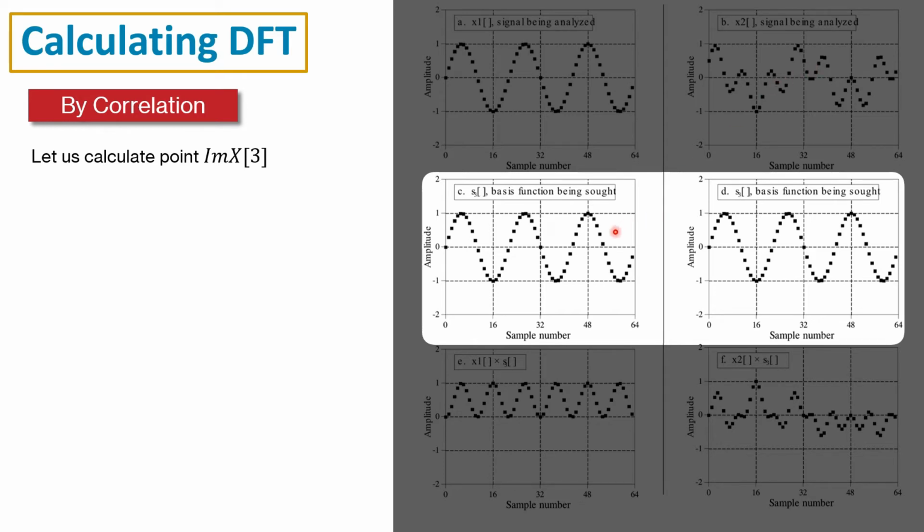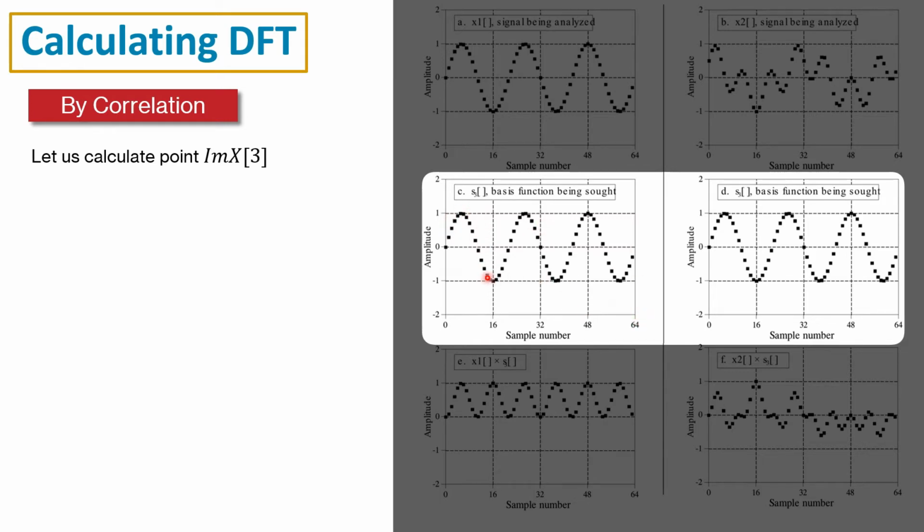Since we have seen that x1 is actually a sine wave of 3 cycles within 64 samples, and this one is also a sine wave with a subscript of 3, meaning that it has 3 cycles.